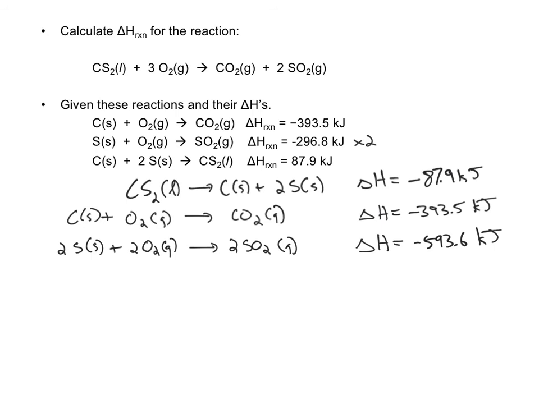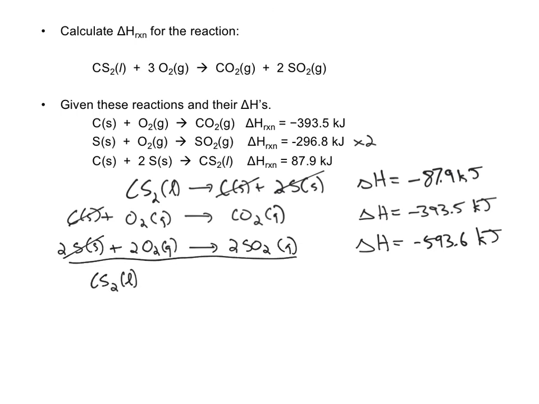All right, and let's see, I've used all the reactions. Let's see now if when I add them together I get what I want. So the carbon solids cancel. I've got 2 sulfurs on the reactants here, 2 sulfurs on the products there, so those will cancel. I think that's all that cancels, and so now when I collect my reactants, when I add these guys up, I have CS2 liquid.